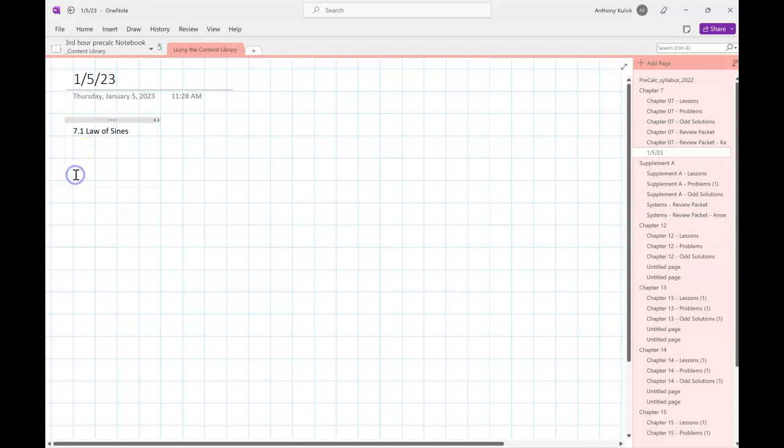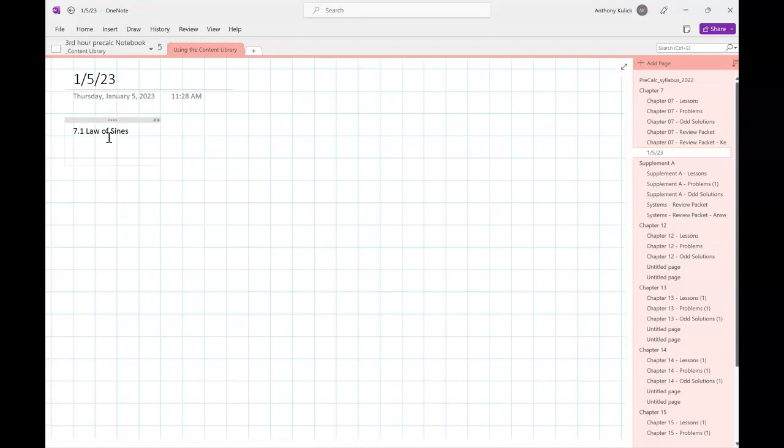Today we're going to be talking about the law of sines, and then next time we'll talk about the law of cosines. We saw in first semester that if we wanted to solve a right triangle, we can do this using SOHCAHTOA, right?